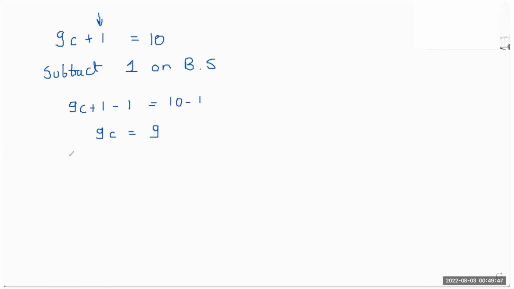You divide 9 on both sides. Yes, you're absolutely correct. So 9c by 9 equals 9 by 9. What is c then? C is 1. Exactly.